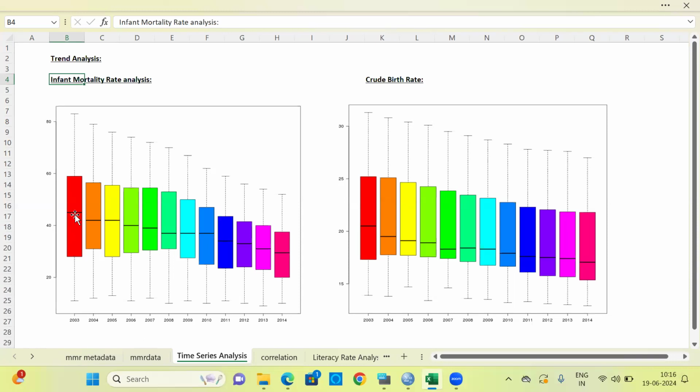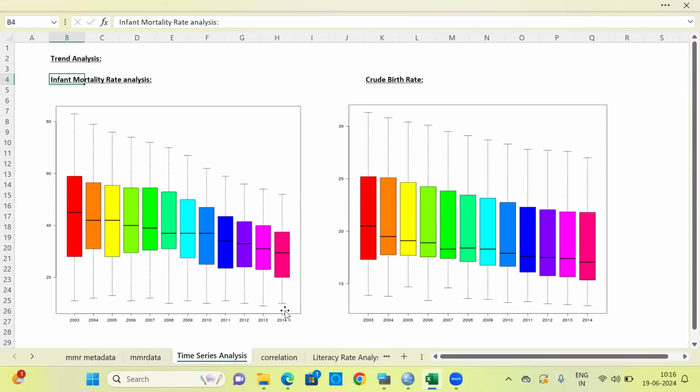The central line represents the average or the median. The average line goes on decreasing year on year. As you can see, in the year 2003, there was the highest infant mortality rate, but in the subsequent years, the IMR or the infant mortality rate has reduced, which is a good sign.